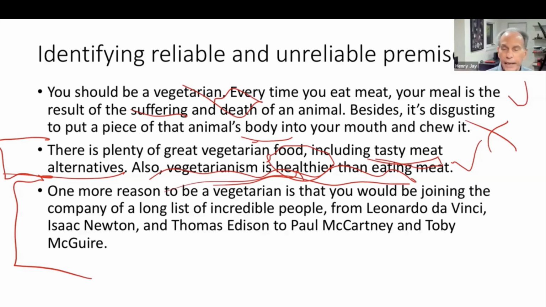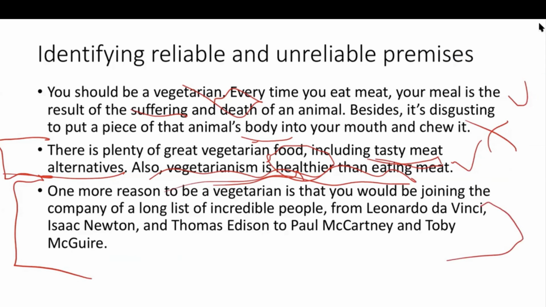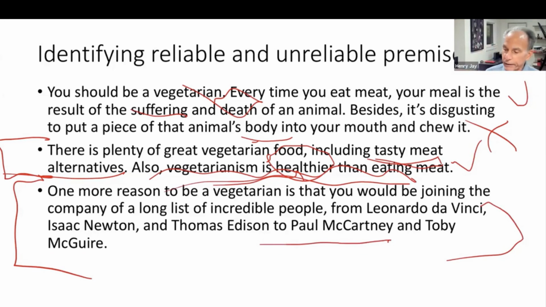That's okay. However, we don't know if all these people were vegetarians, right? I happen to know that Paul McCartney is a vegetarian, but I don't know about Thomas Edison or Isaac Newton. Is there evidence for that? Well, I know Isaac Newton ate apples, but other than that, I don't know if he ate meat or not.